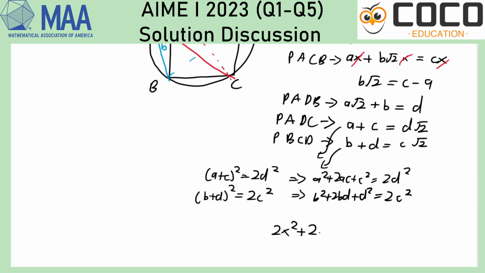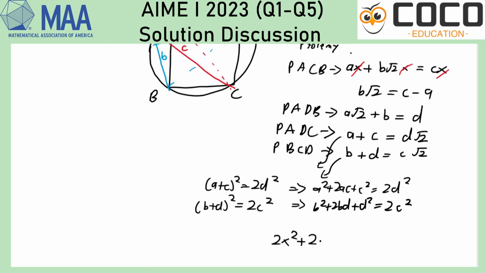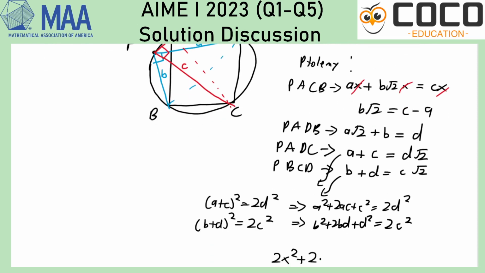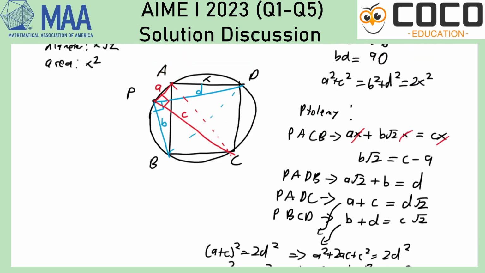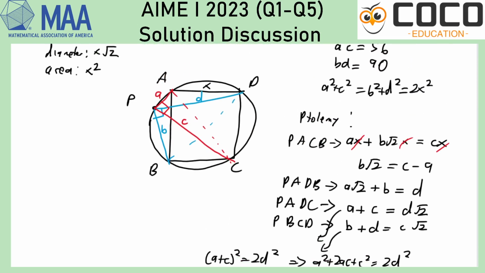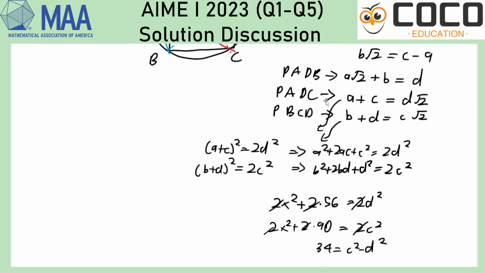So 2x squared plus 2 times 56. So I can cancel off the 2. And then for this one, it will be 2x squared plus 2 times 90. I can cancel off the 2. And if I were to subtract off, here you get 34 equals C squared minus D squared, which also means that it is equal to B squared minus A squared.